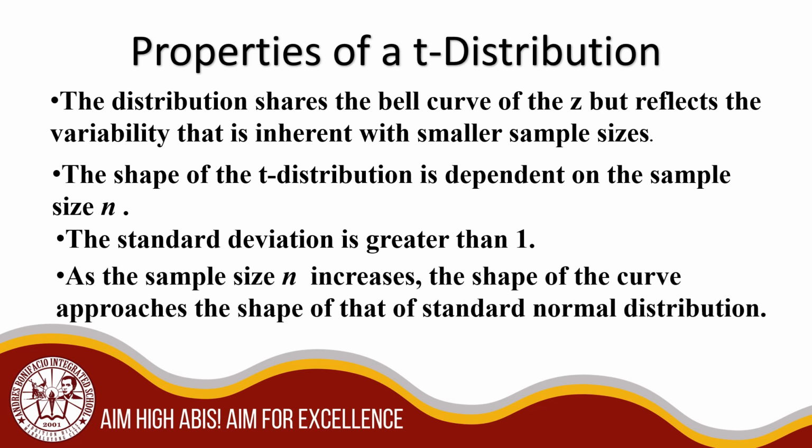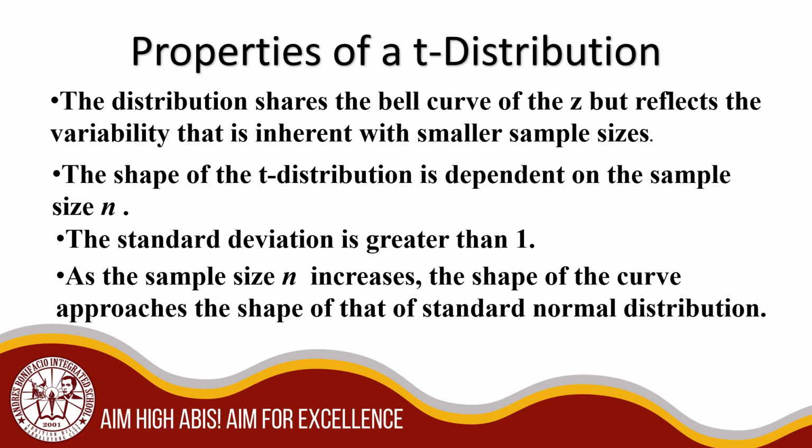And as the sample size n increases, the shape of the curve approaches the shape of that of standard normal distribution. So ito po yung sinabi ko kanina, na kapag tumataas na yung sample size n, kumbaga lumalapit na siya dun sa 30, kasi yung 30 ang pinakang boundary ng sample size na small at saka ng large sample size.